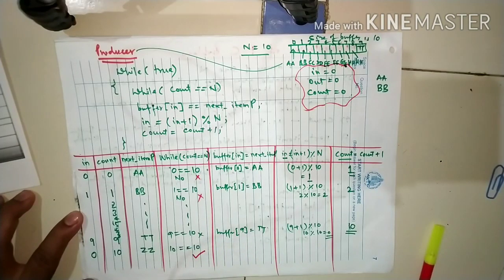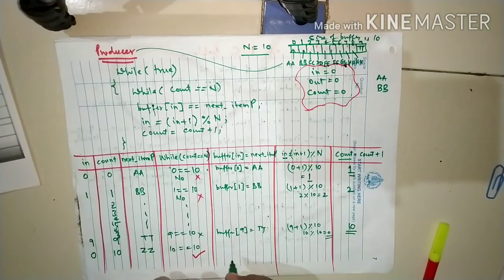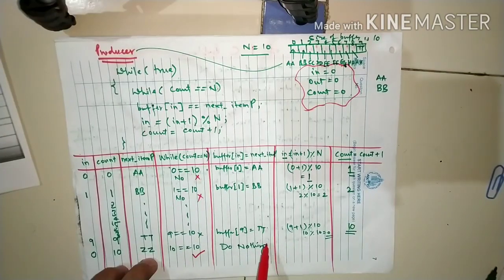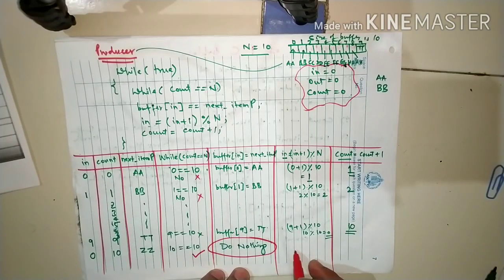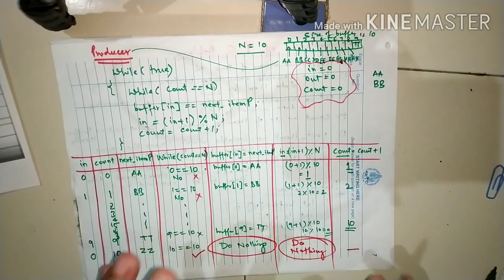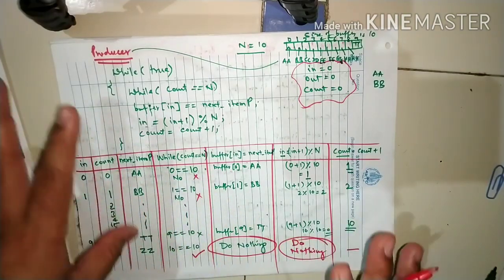If the condition is true, what will happen? It will do nothing. That step is very important to consider. Here also we are not going to do anything. So the producer has identified that the buffer is full, and we do not have any place to insert the data inside the buffer.